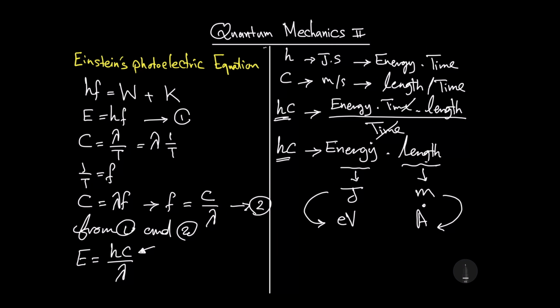So now, if we express this term hc in electron volt angstrom rather than joule meter, it will be roughly about 12,400 electron volt angstrom.